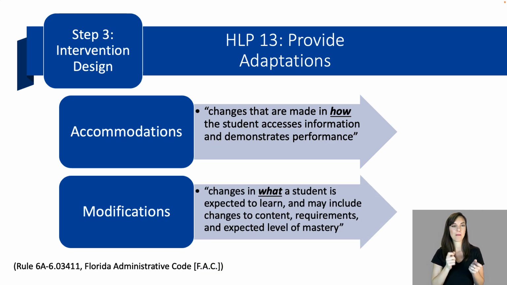Modifications are changes in what a student is expected to learn and may include changes to content, requirements, and expected level of mastery. It should be noted that only students who are on alternate learning standards are permitted to have modifications to the curriculum. For more on the difference between accommodations and modifications, see the Accommodations Manual on the Florida Department of Education website.